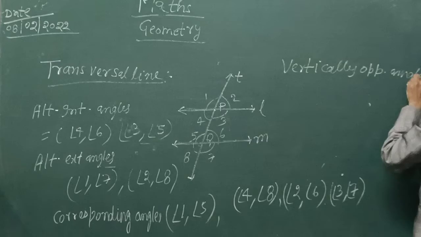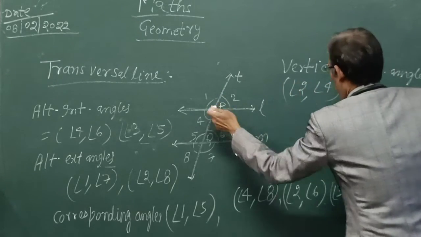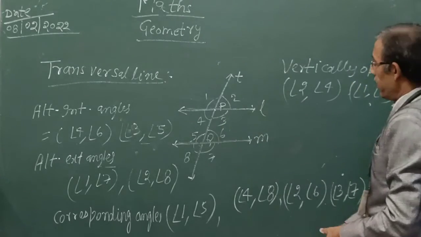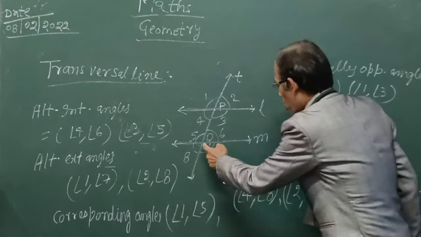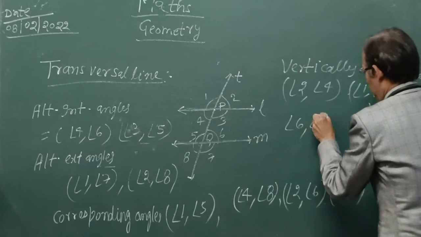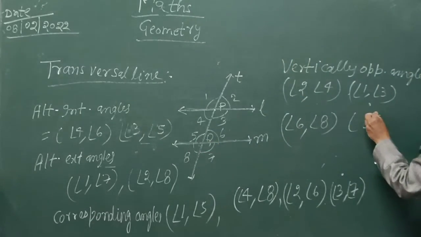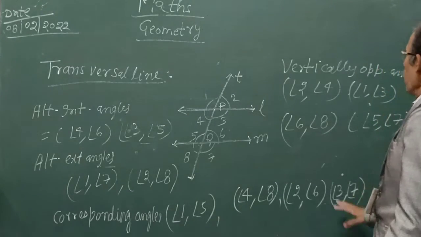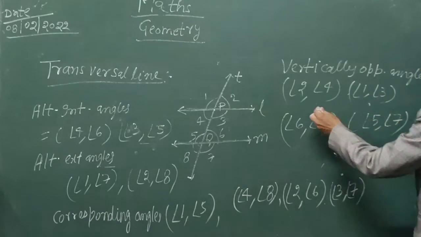Vertically opposite angles are angle 2 and angle 4, angle 1 and angle 3. Here you see that this line intersects the line M at a point Q. So vertical angles are angle 6 and angle 8, similarly angle 5 and angle 7. Vertically opposite angles are equal to each other.